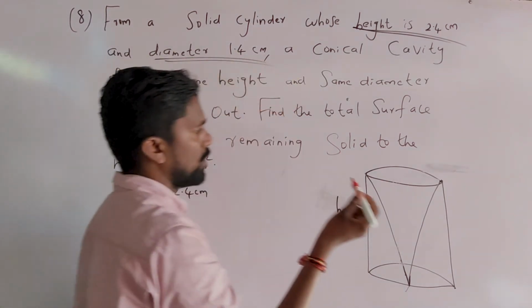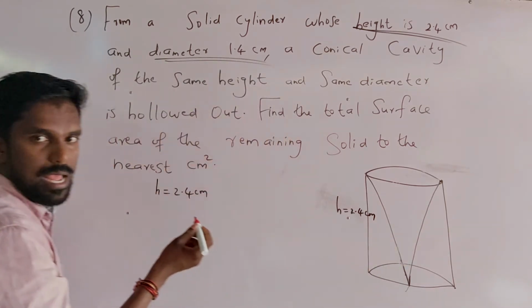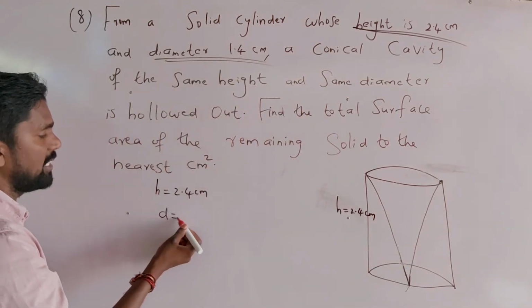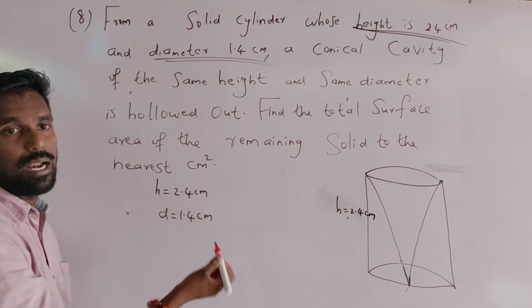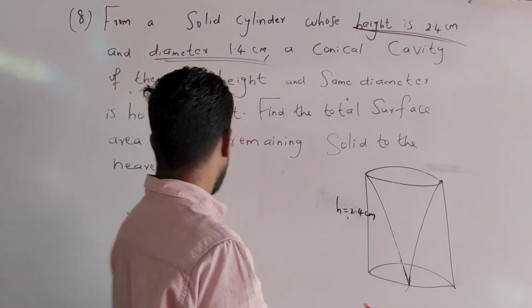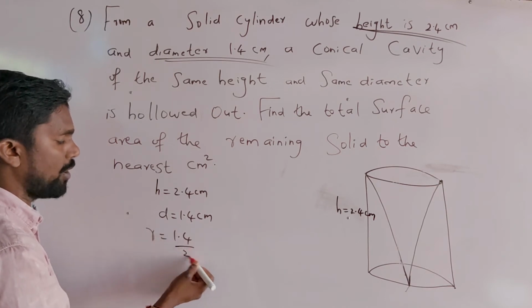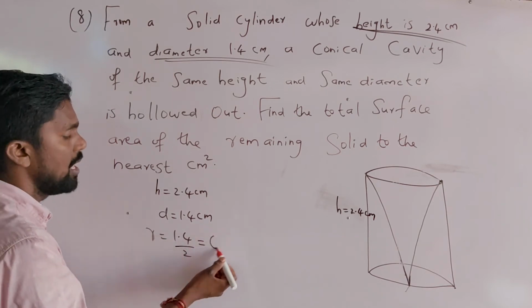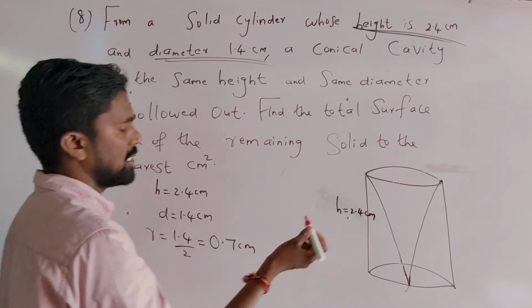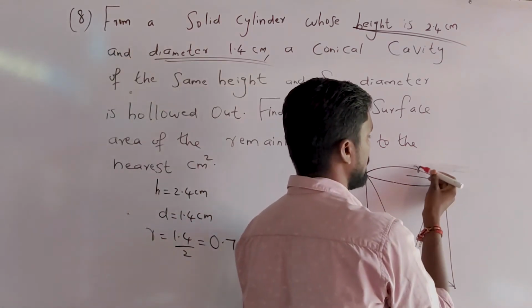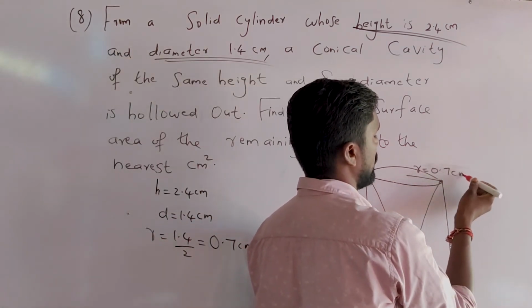Diameter is equal to 1.4 centimeter. Everybody knows very well, radius means 1.4 by 2, that is equal to 0.7 centimeter.